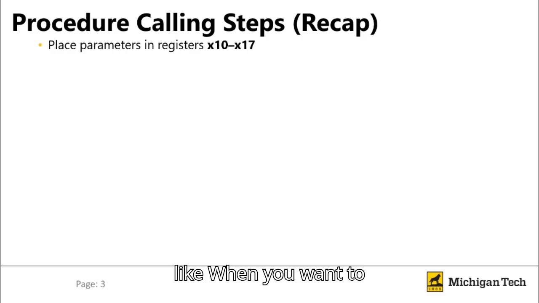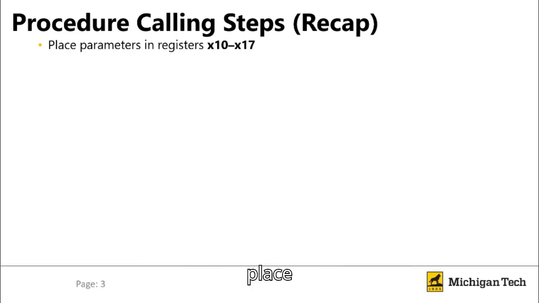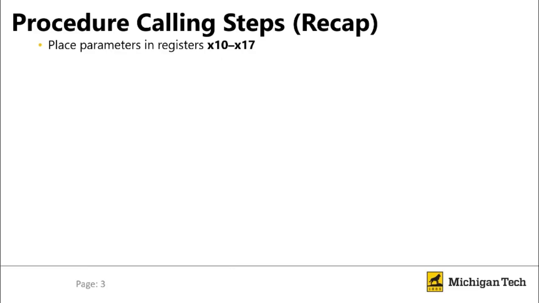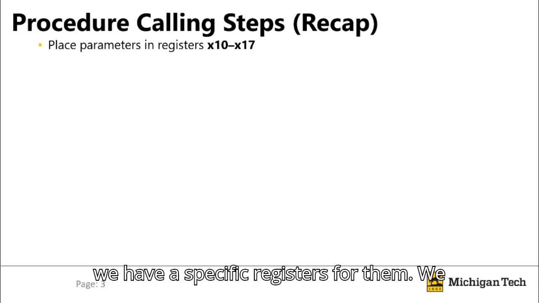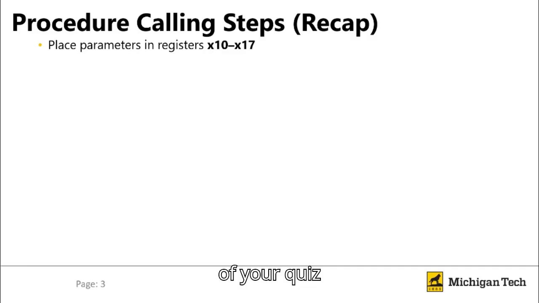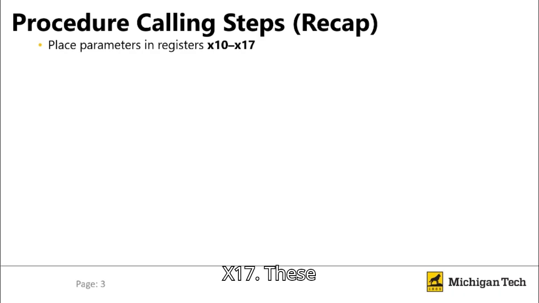When you want to call a procedure, first you need to place the parameters that you want to send to the procedure. We have specific registers for them. We call them argument registers. I think one of your quiz questions was about that: x10 to x17.